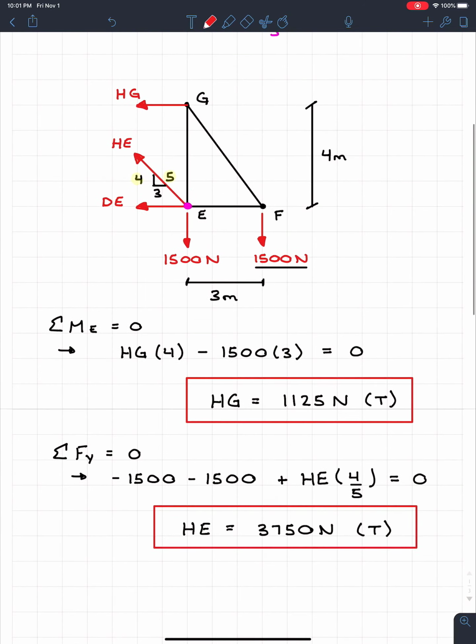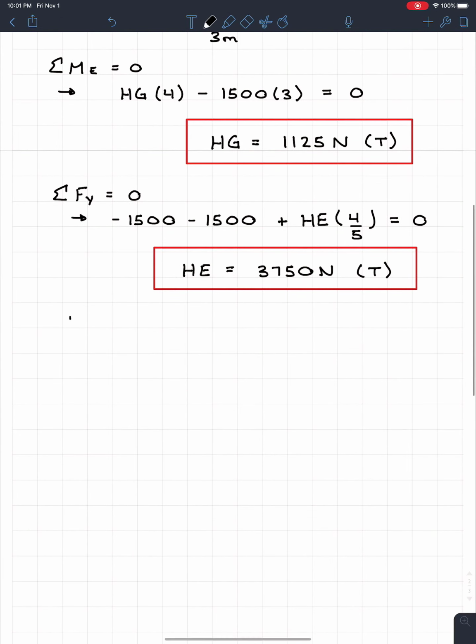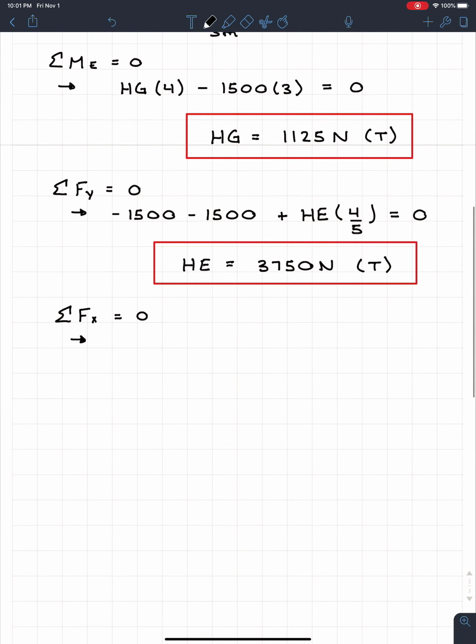Very, very easy now, because the last thing we can do is sum the forces in the x direction. Normally, it would have 3 unknowns, but since we solved for 2, it's only left with 1 unknown, which is great for us. So what we can do is come down, sum of the forces in the x direction is equal to 0. And if we do that, what we see is we have HG going left, so negative HG, and then the value of HG we know is 1125.